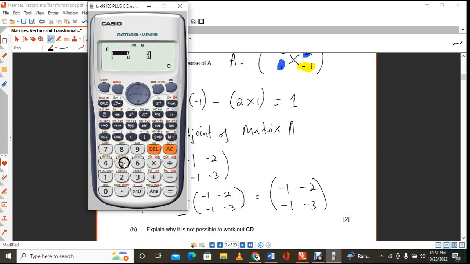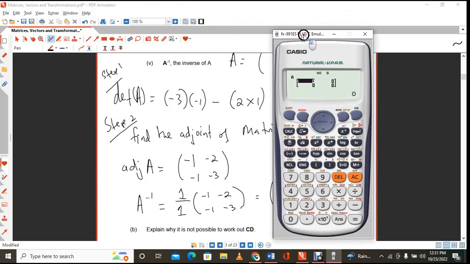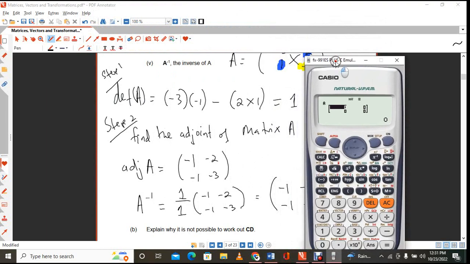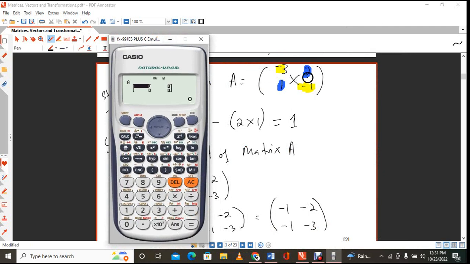I pick 5. Right, so let's just go in and make sure that we have matrix A. If I plug in the elements of matrix A, here you'll be saying, for example, that is -3.